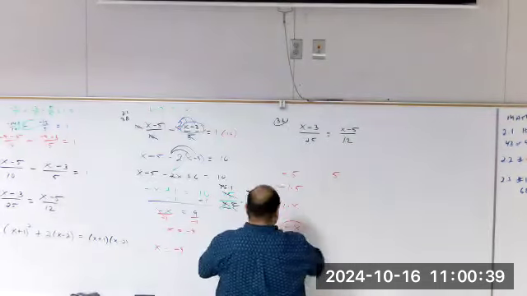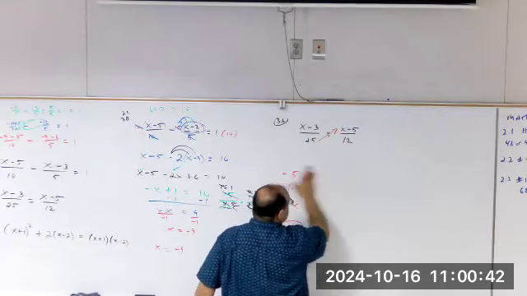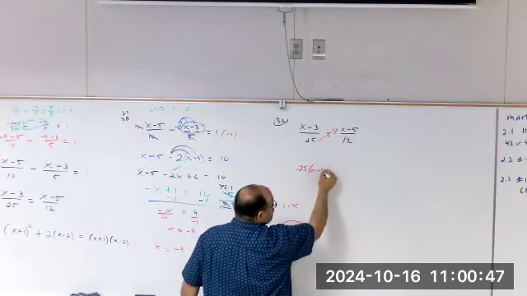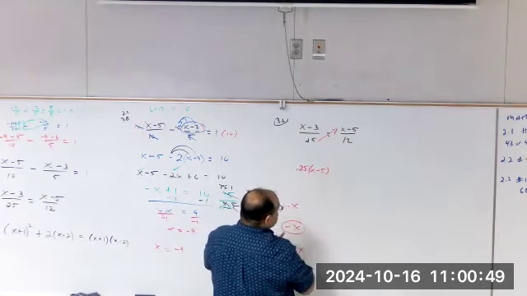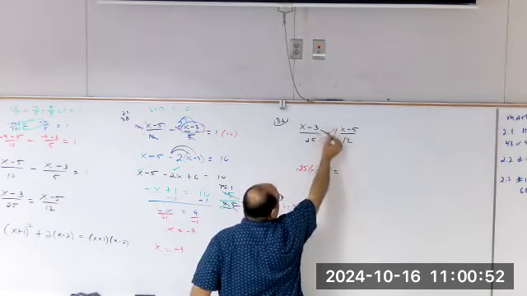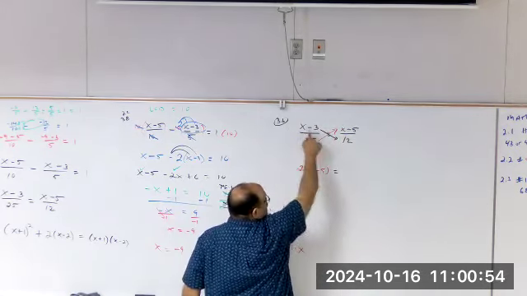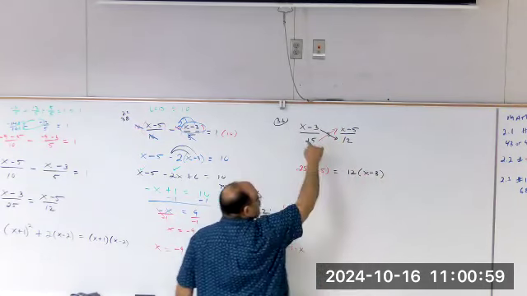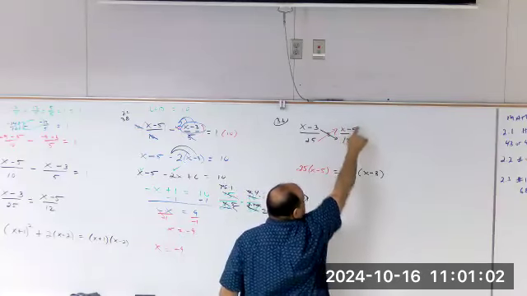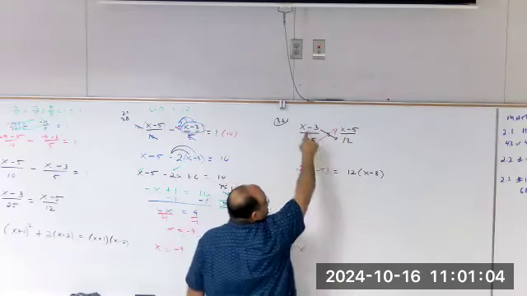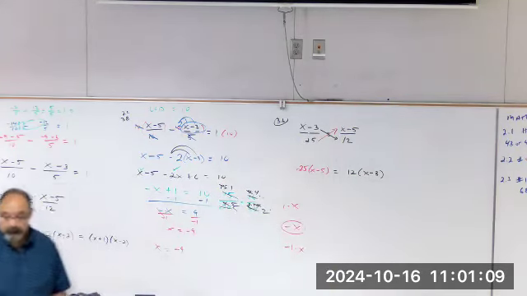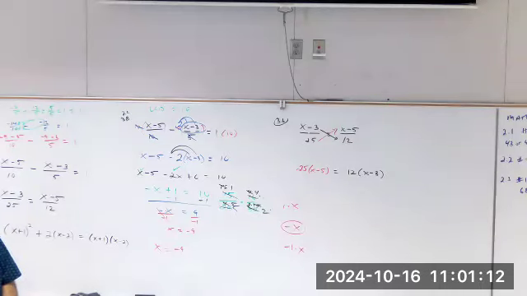You can multiply this way and get 25 times that x minus 5 equal to, multiply that way, this x minus 3 times the 12. But remember, it's the 25 times the entire x minus 5. Friends, it's the entire x minus 3 times that 12. And you don't have any more fractions.